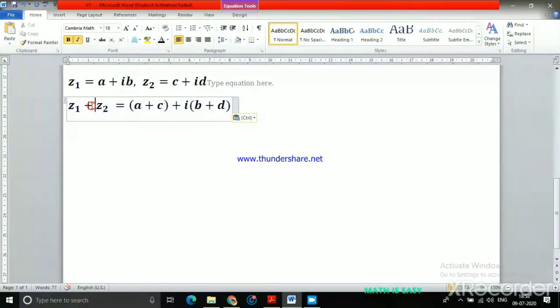When I want to subtract Z1 minus Z2, then similarly it will come as a minus c plus (b minus d)i. The real parts will be subtracted and the imaginary parts will be subtracted. Both the real parts and both the imaginary parts will be subtracted separately. So that's it.